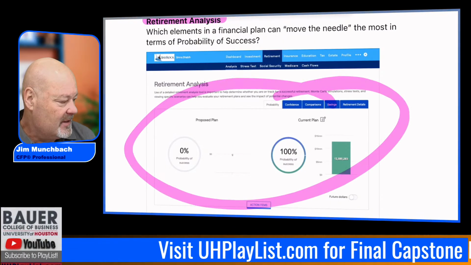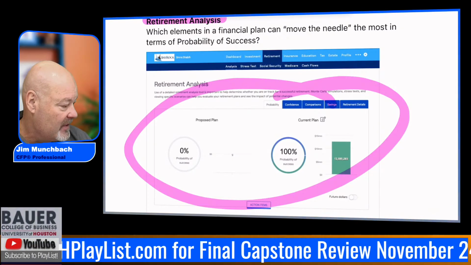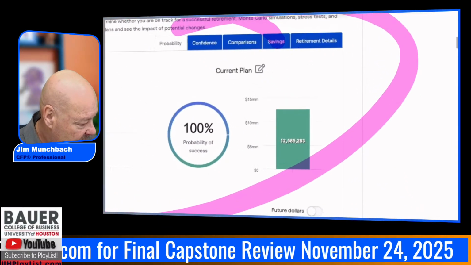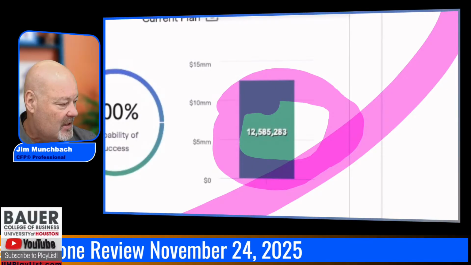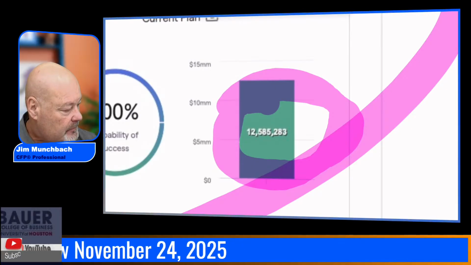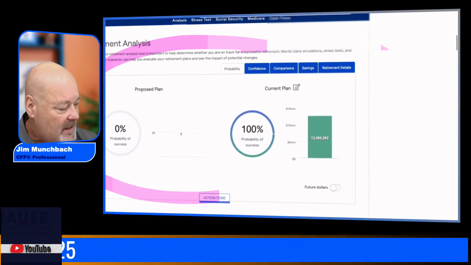This is your probability of success. So if you have a zero, that's a problem. If you have 100% probability of success and over $5 million in assets at the end of your plan, in that case, you need to give a comment. You need to tell me why so much.